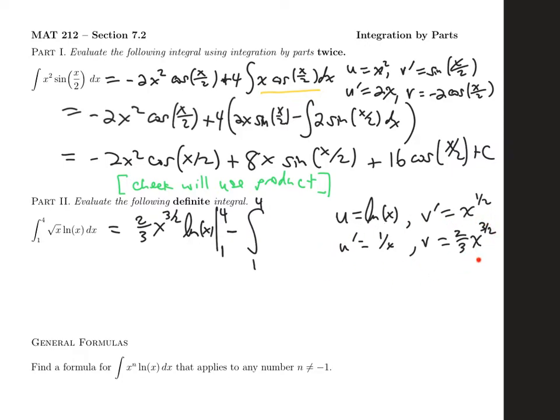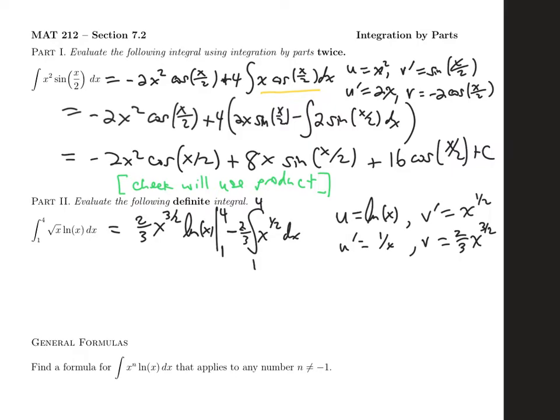So let's just think a second about what that will look like. This x in the denominator is going to cancel with one of these x's. This is x to the 1/2, so canceling with one x will leave you with an x to the 1/2 here. And then, of course, I'll have the 2/3 there. So what I'll end up with in the integrand is a 2/3, which I usually write out in front, and then x to the 1/2.